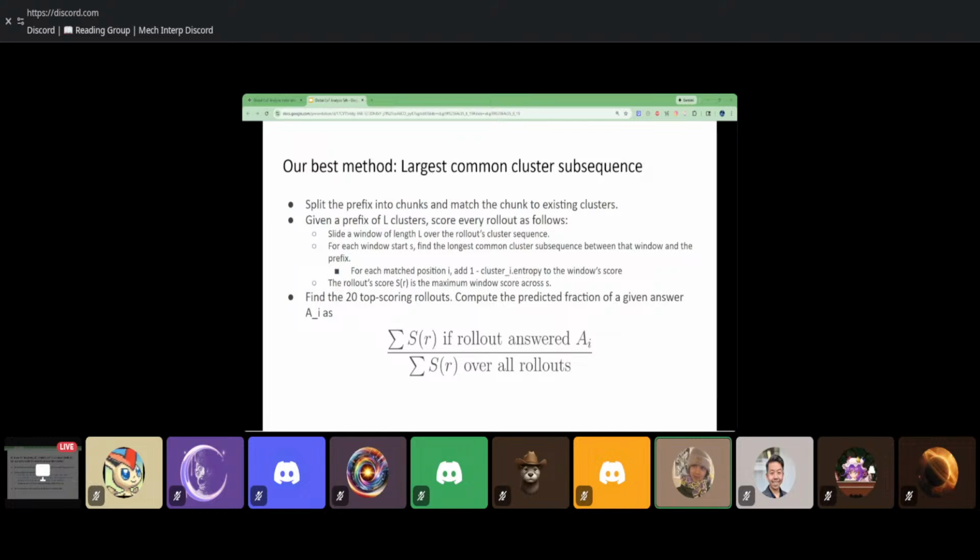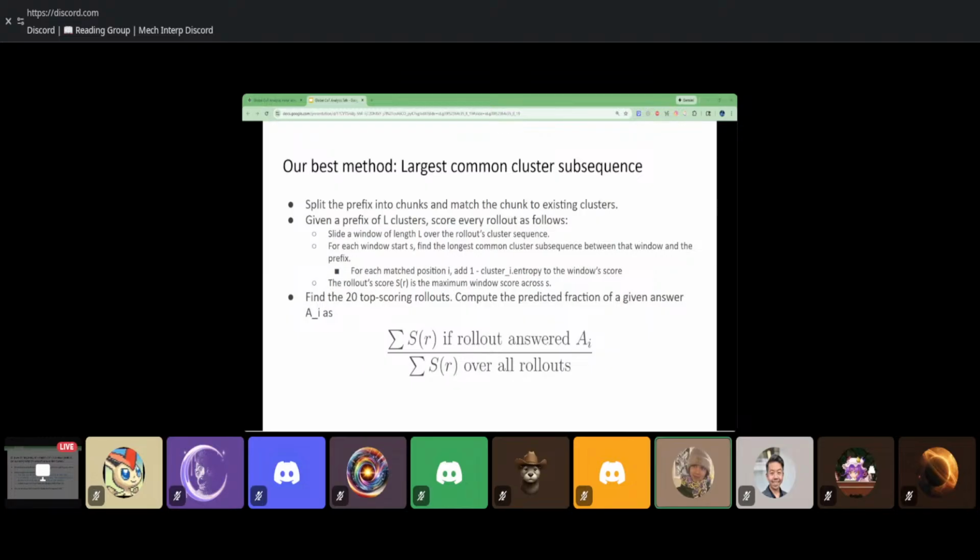You look for the longest common cluster subsequence between that window and your prefix. You look across all your windows, find the window that matches best, and use that as your rollout score.